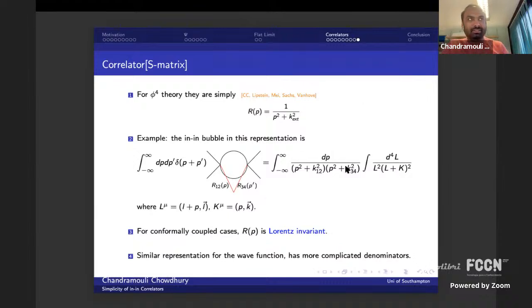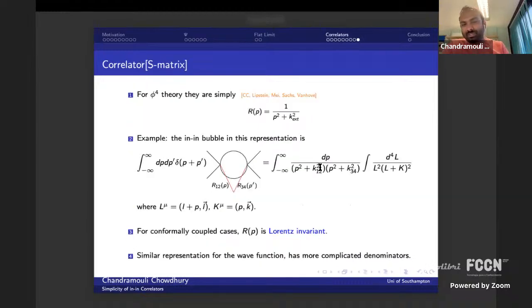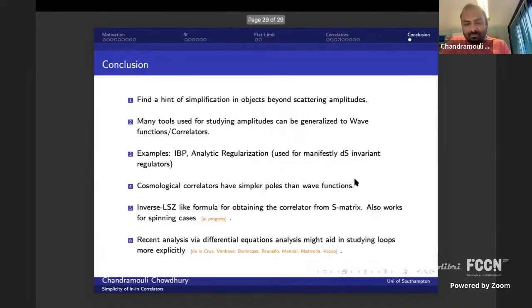Whether you can analyze these new integrals using some differential equations. And since you have representations of this kind, you can also ask questions about cutting rules. We study cutting rules and the optical theorem in flat space, and it's a natural question now to ask whether you can use that in de Sitter. Okay, so thank you. I'm done with the talk.